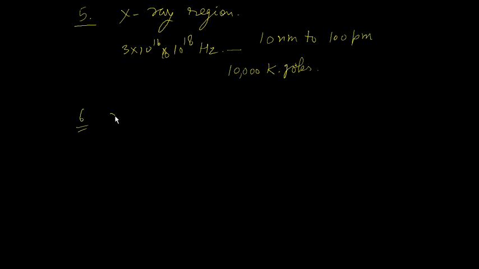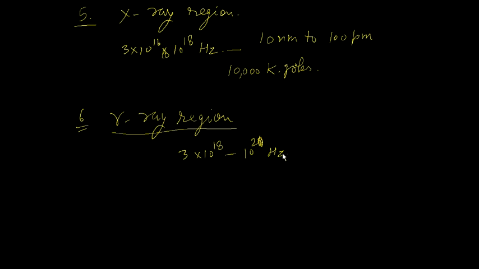Gamma ray region. In the gamma ray region, the frequency of the emitted photon is of the order of 3 into 10 raised power 18 to 10 raised power 20 hertz, and the wavelength is of the order of 100 picometer to 1 picometer.